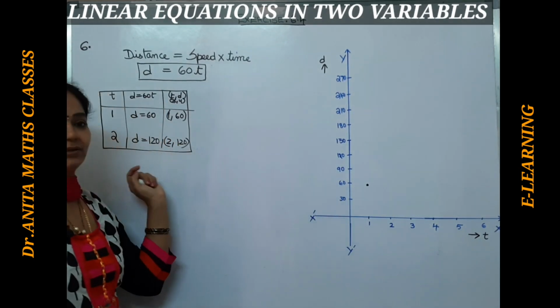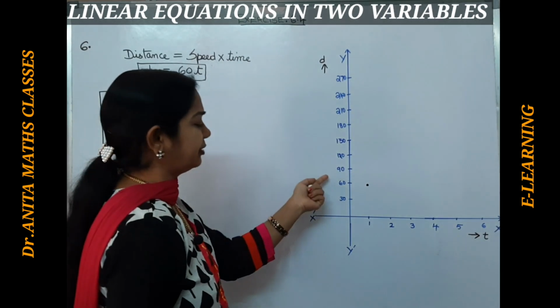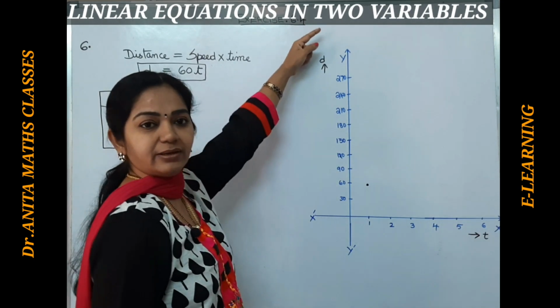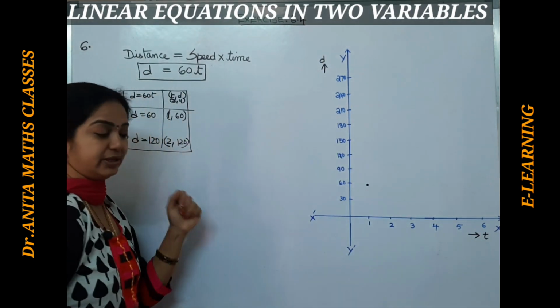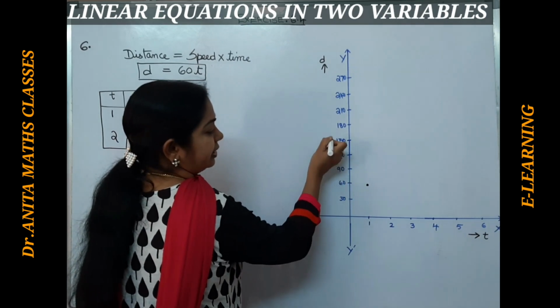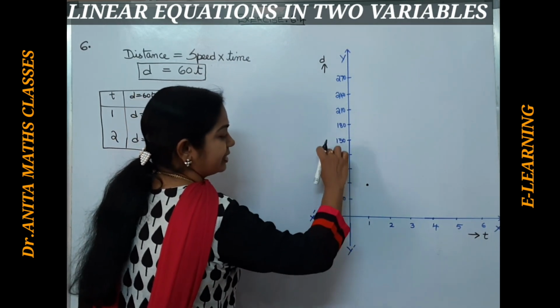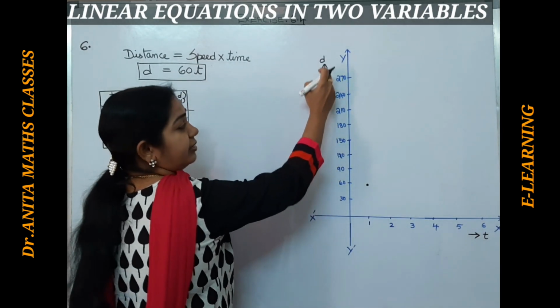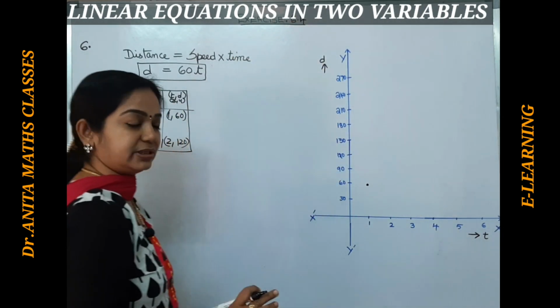Here the last value is 120, so I have taken 30, 60, 90, 120 because I have taken 1 centimeter as 30. You can also take 10, 20, 100, 110, 120.